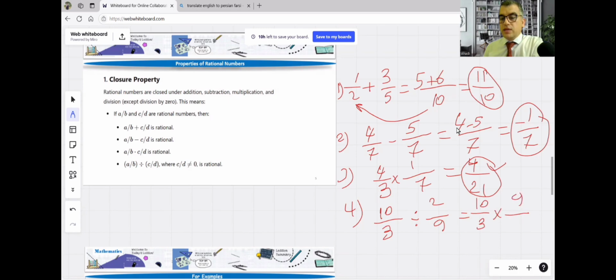You can write 10 by 3 times 9 by 2, it is equal to 90 by 6, right? And also you can simplify it, and once again you can simplify, it will be 15. See, again, you know that 15 is a rational number, right?